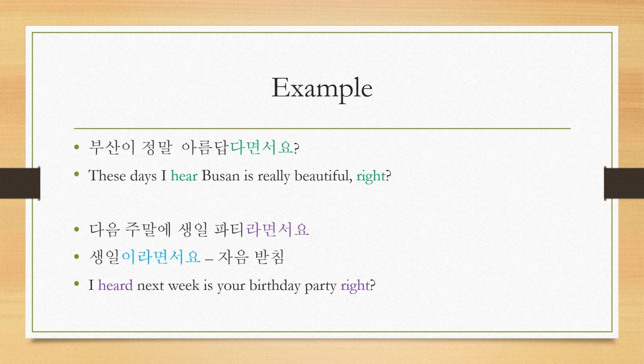So let me show you right here. So 다 is a vowel, and vowel is 라 with a vowel. And here we have 생일이라면서요. So you have 일 here, which is a consonant, and it becomes 이라면서 when it's consonant.